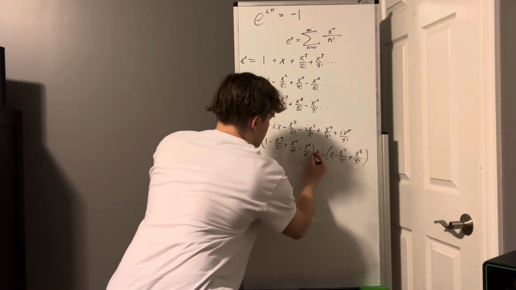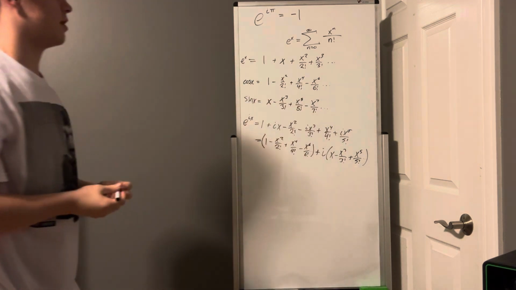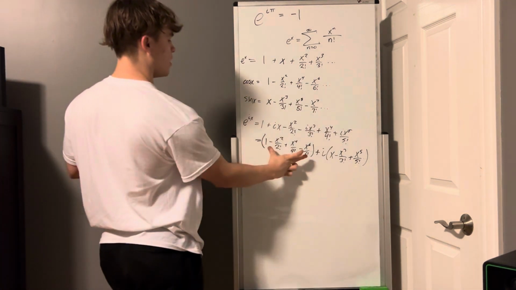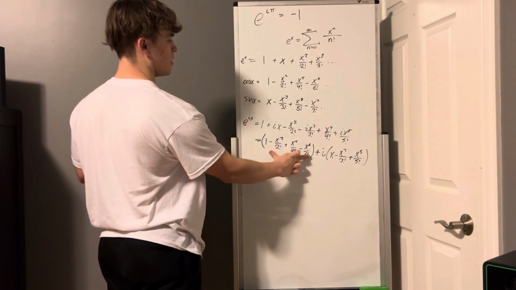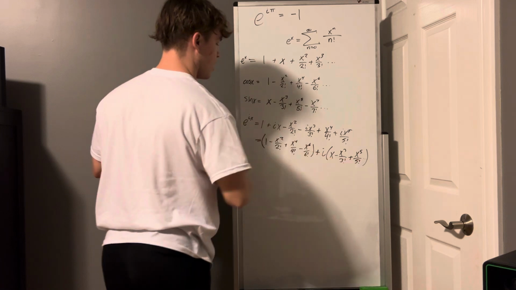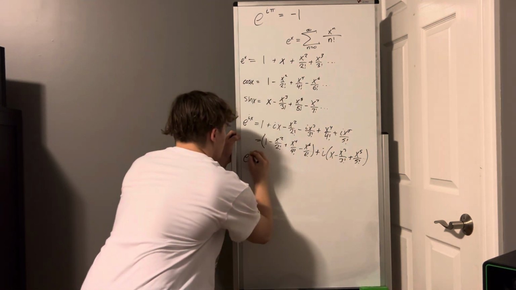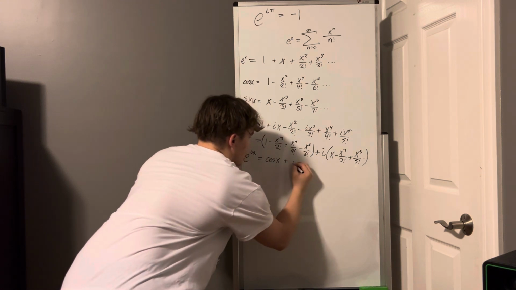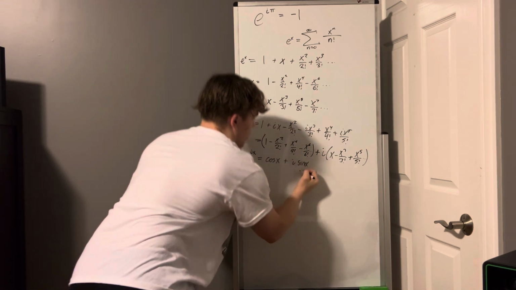Let's put dots at the end of this to signify that it continues going, even though we're not technically supposed to do this. Well, let's look at this. cos x. This, sine x. So we've got e to the ix equals cos x plus i sine x.